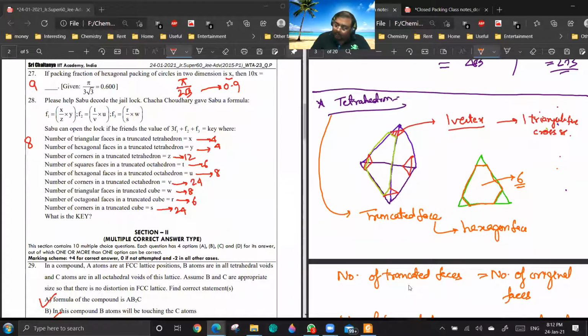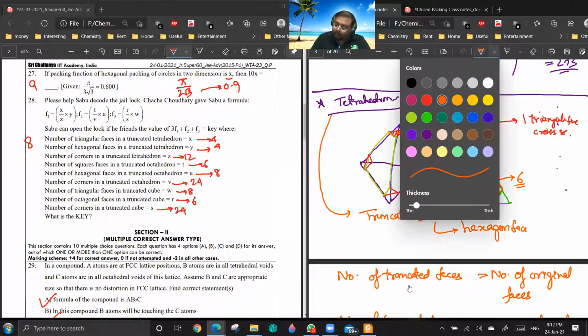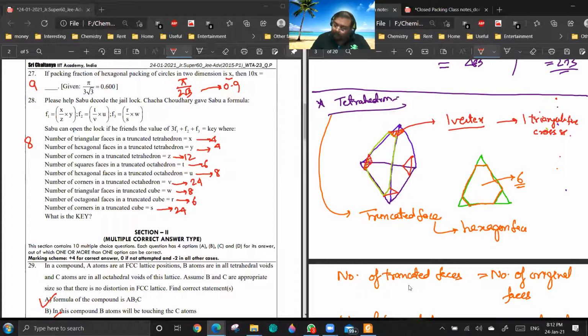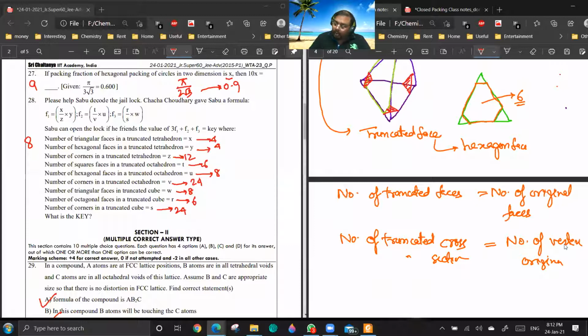If I am cutting this, I am getting this cross section which I have shaded. Similarly, I will get a cross section here also, and here also. Is it clear? So in the case of a tetrahedron, the truncated face is a hexagon, so the number of hexagons will be 4 because that is the original number of faces.